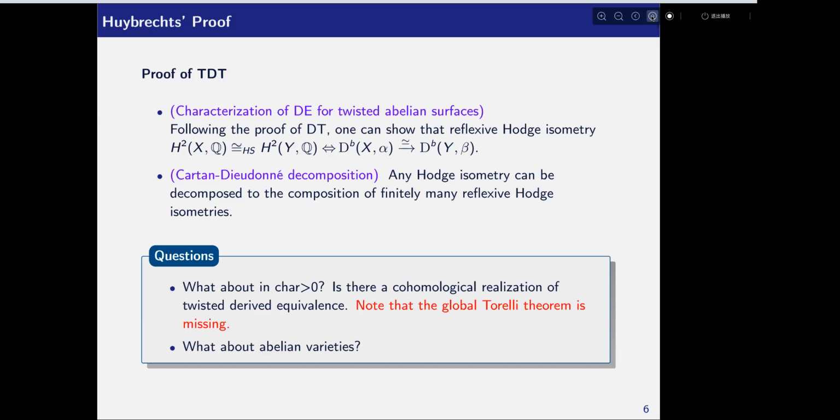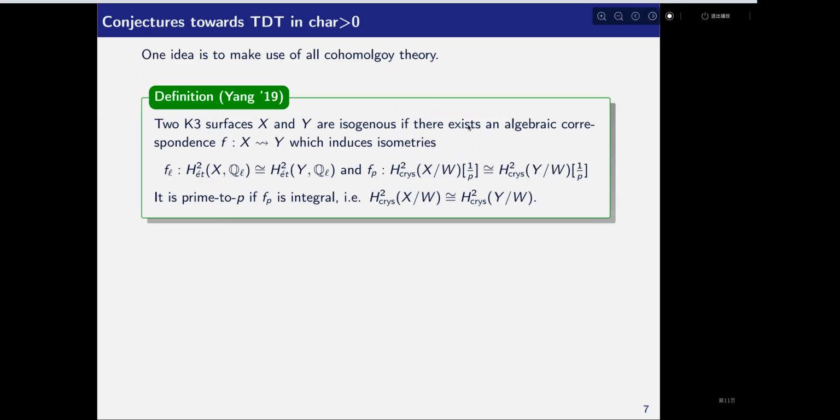Let me mention some conjectures with respect to the first question: what about positive characteristic? The idea is that in positive characteristic, one has to use all the cohomology theories, which includes the l-adic and also the p-adic cohomology theory.